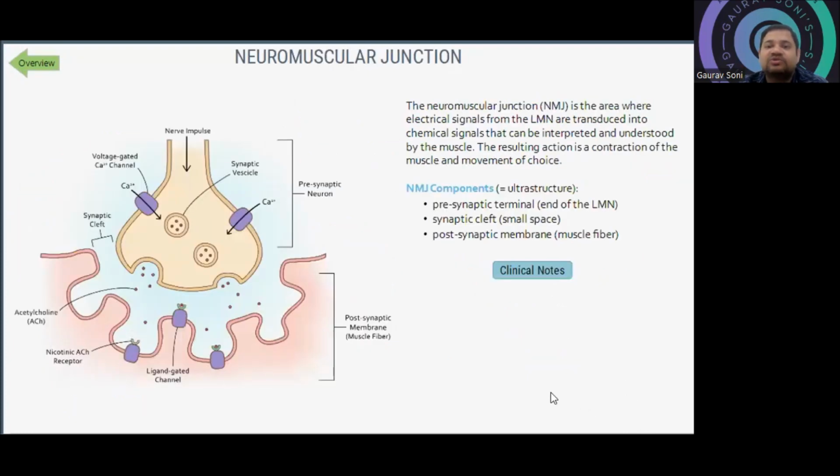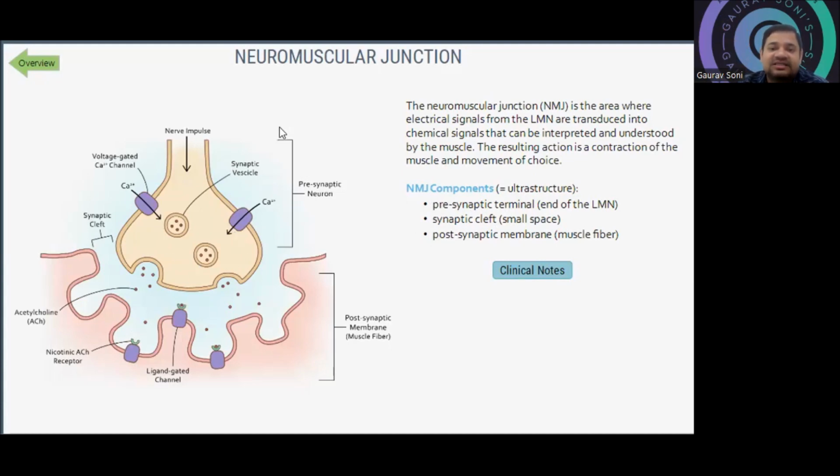Then coming to the neuromuscular junction, this is the part where the transmission actually takes place. It is an area where electrical signals from the lower motor neuron are transduced into chemical signals that can be interpreted and understood by the muscles. So whatever signals the brain has sent, it will be converted here, and then some action will happen, either contraction or whatever it is. The neuromuscular junction has a presynaptic terminal end, a synaptic part, and a postsynaptic part.